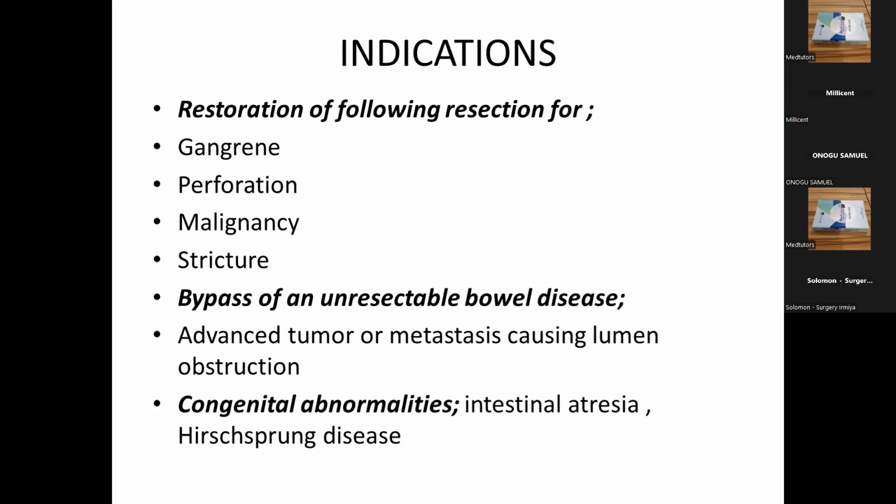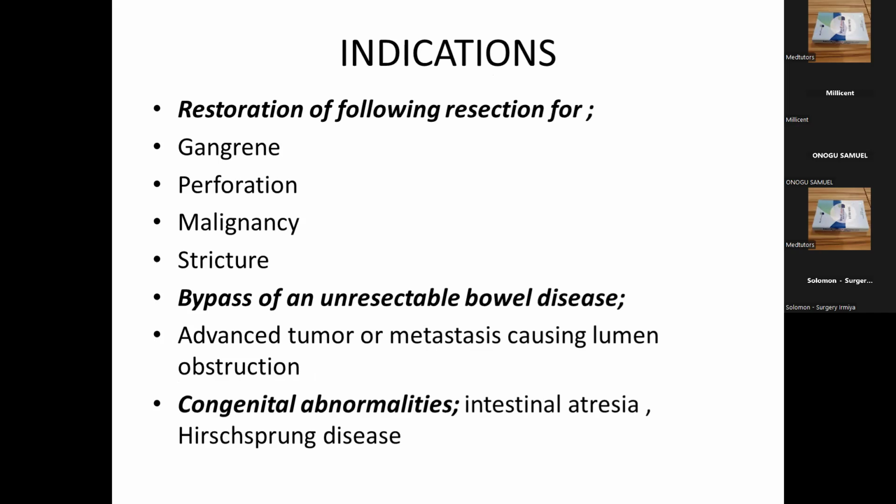Now, the various indications for why we carry out bowel anastomosis include restoration of bowel continuity following resection for gangrene, for whatever the cause of the gangrene might have been, intestinal perforation, malignancy, both primary malignancy or benign conditions such as polyps, or intestinal obstructions, also from strictures. These are all indications for resection and bowel anastomosis.